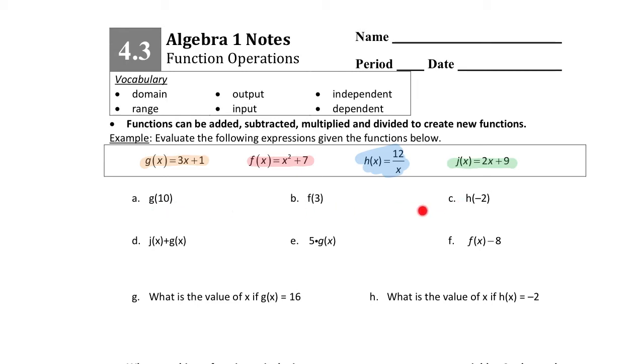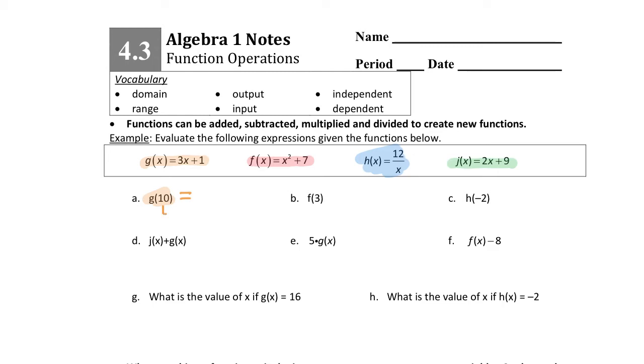These first 3 examples are really just a review of what we've seen before. For our first example, we've got g of 10. So that means I'm going to use my function g, or my expression 3x plus 1.